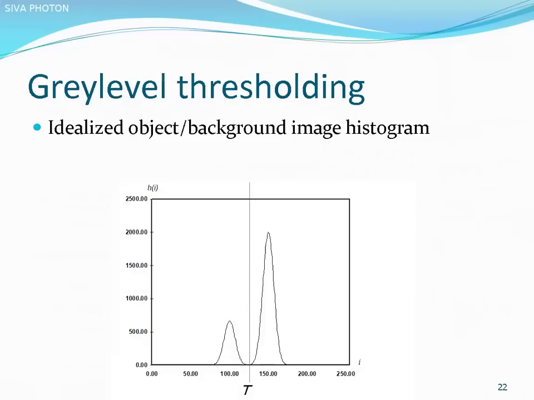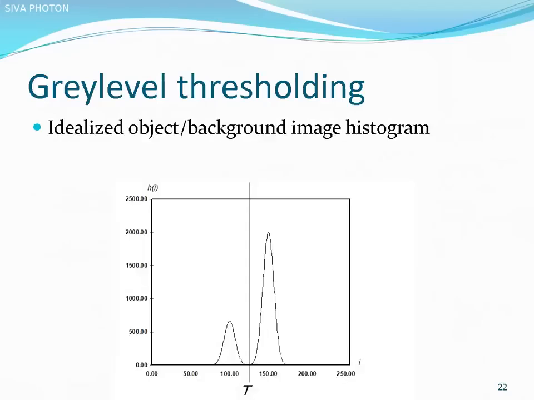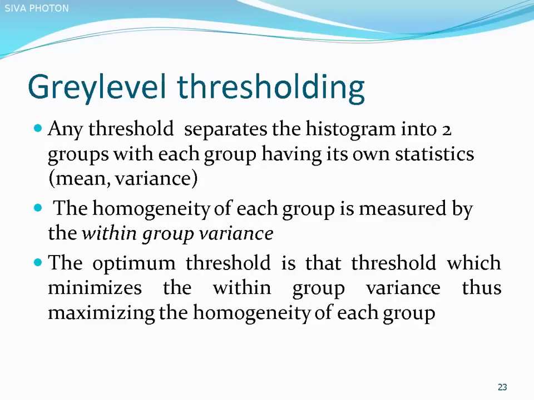You can see this image, where we have already seen the histogram with two peak values and a valley. Any threshold separates the histogram into two groups, one peak and the other peak.